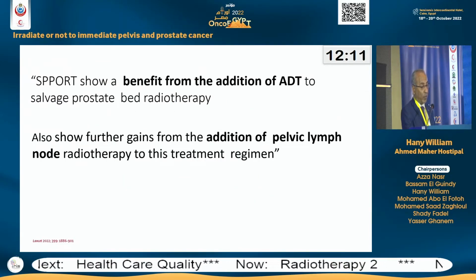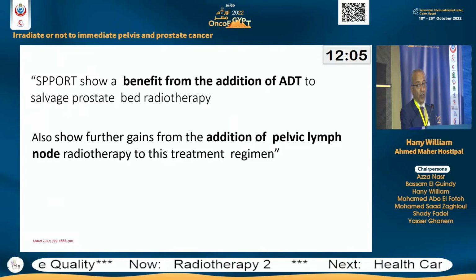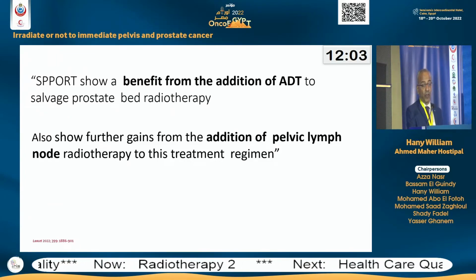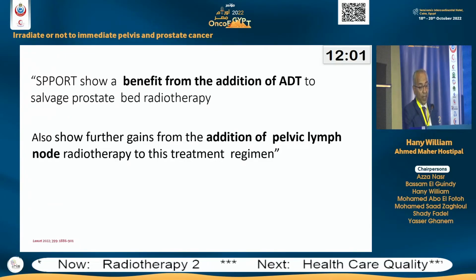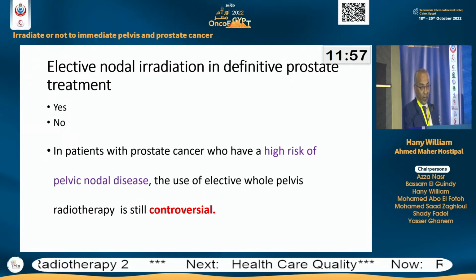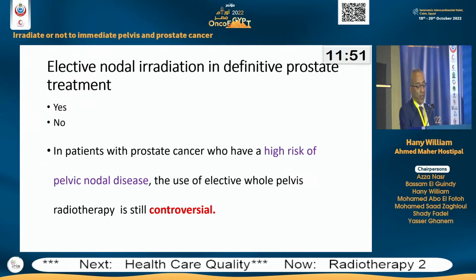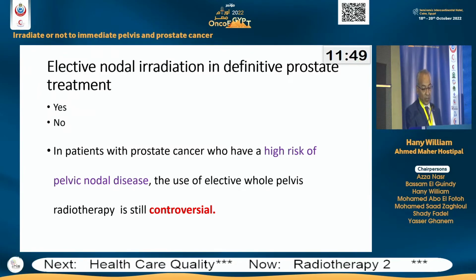SPPORT showed a benefit from addition of ADT to salvage prostate bed radiotherapy, and also further gain from addition of pelvic node irradiation. So our patients are treated with radical radiotherapy. As you know, the treatment of localized disease is surgery, but I think most cases in Egypt are treated with definitive radiation therapy.